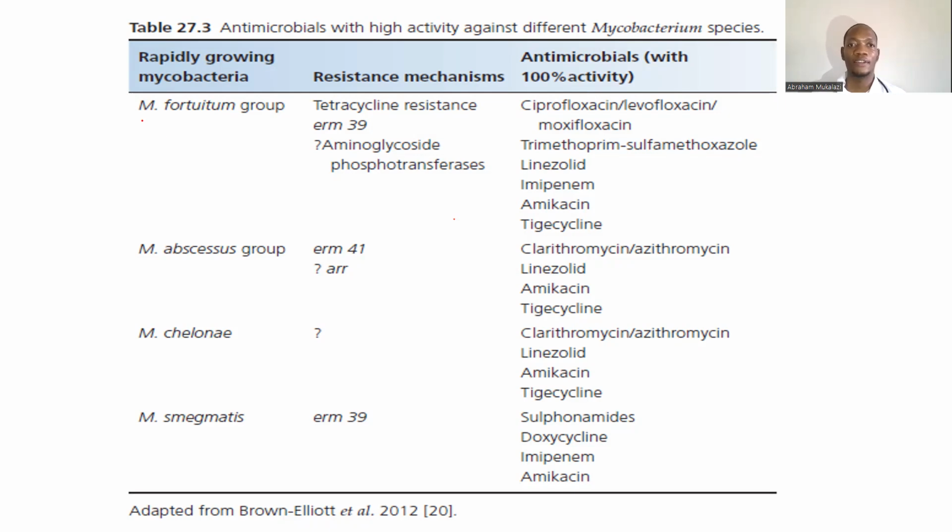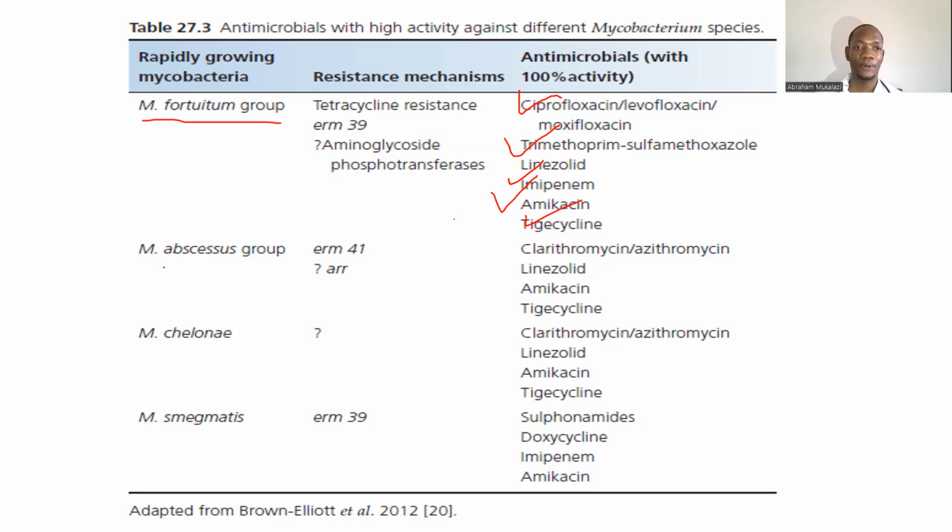The table shows you the different bacteria and how you can treat them. If it is the fortuitum group, then you may need to look for things like ciprofloxacin, levofloxacin, then even co-trimoxazole can help you, linezolid, imipenem, and then amikacin, depending on the culture and sensitivity. And usually we don't do monotherapy. You have to use many drug combinations at once.